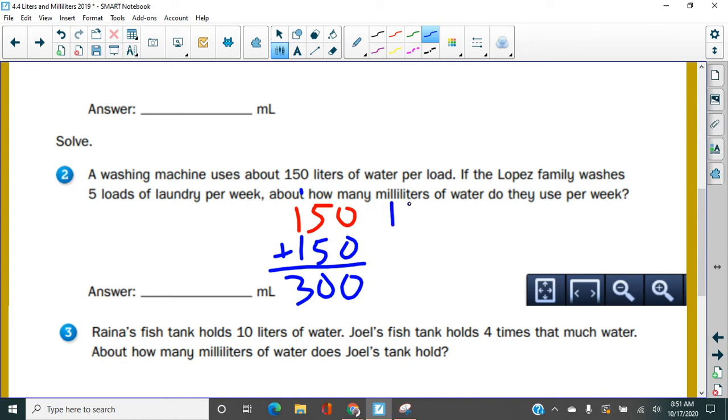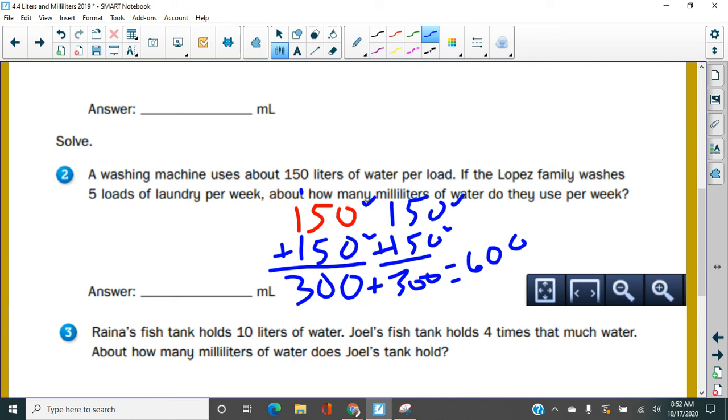Two more would be another 300. So now I'm at 600. So that's four. One, two, three, four. So I need to add 150 more and get 750. All right.